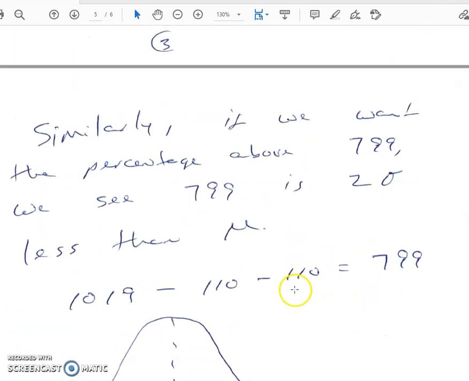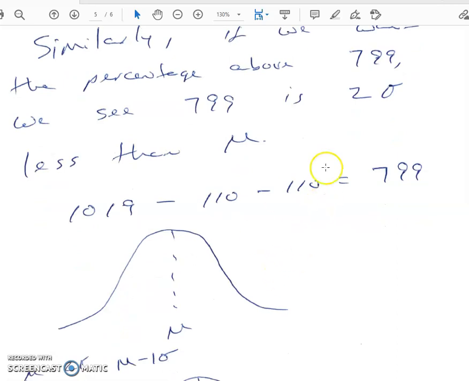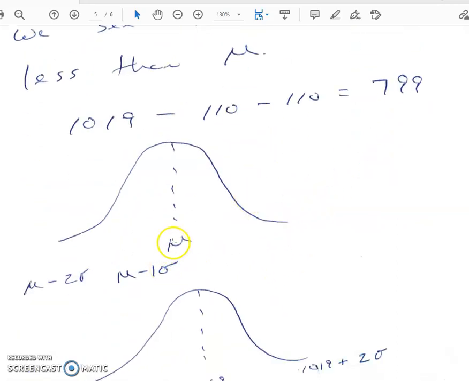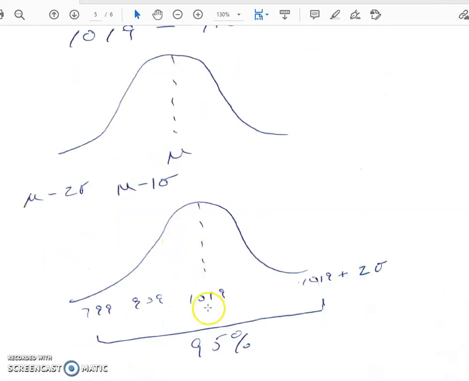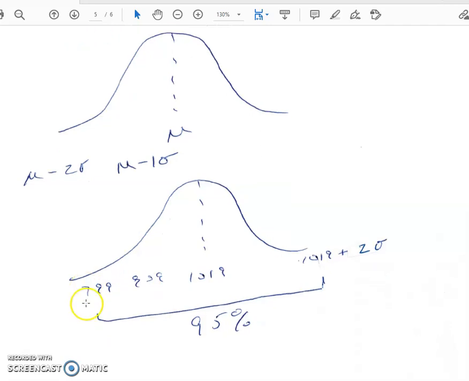Okay, well, similarly, if you want the percentage above 799, well, 799 is 2 sigma less than my X bar. That's this way, it's 2 sigma, right? Because 1019 subtract the 110 puts me at 909, subtract another 110, I'm at 799.